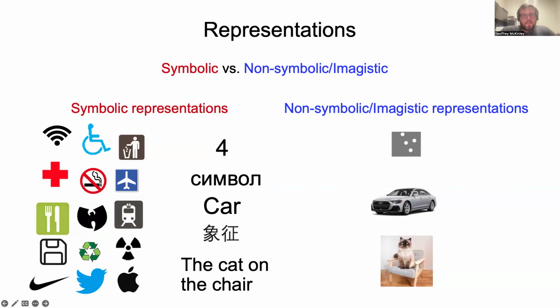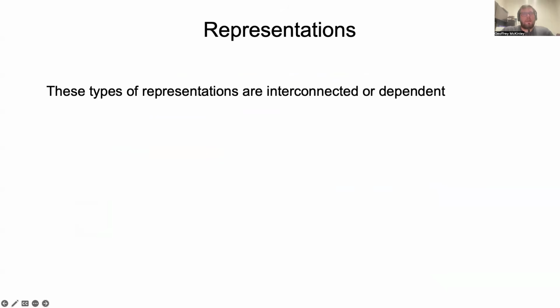Okay, aside from that, I've been talking as though symbolic versus non-symbolic is a separate distinction from digital and analog, but in reality, they're kind of similar, right? These types of representations are interconnected or dependent and kind of mean the same thing.